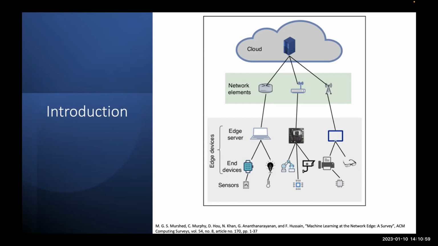From our side, we think of the edge as almost the extreme edge, okay? Independently of the individual sensors, our edge starts from this, right? So an edge device is any device that has a limited set of computation resources, but can operate some functionalities.